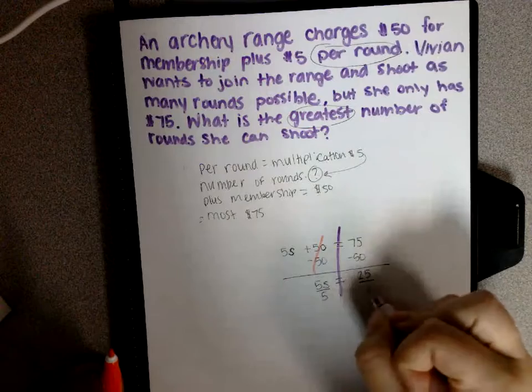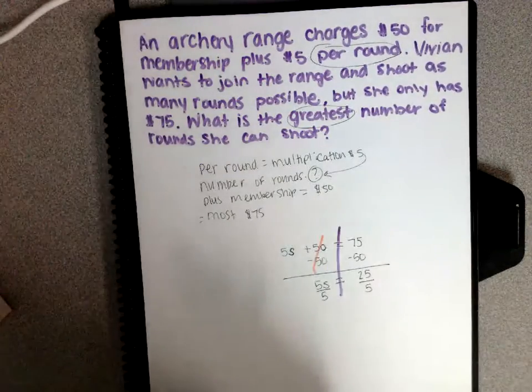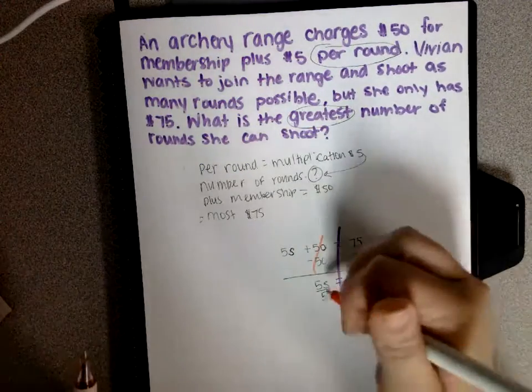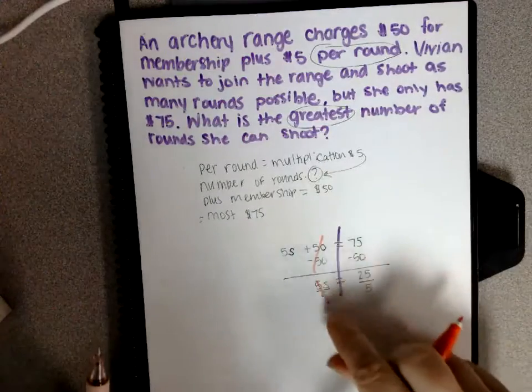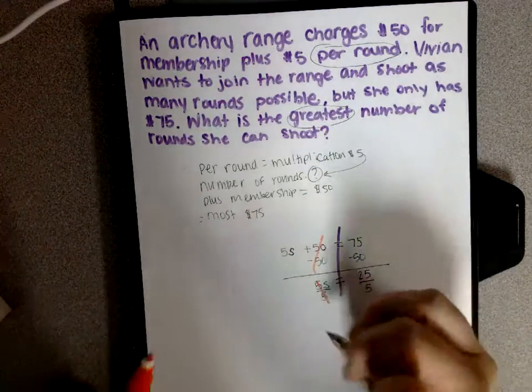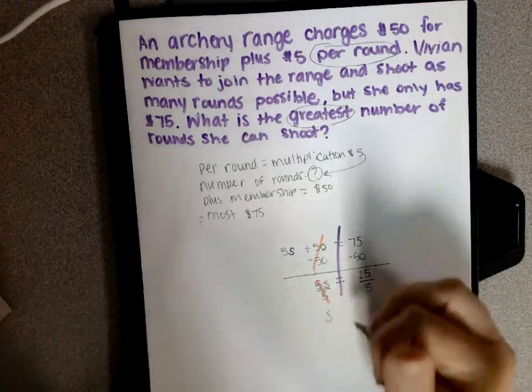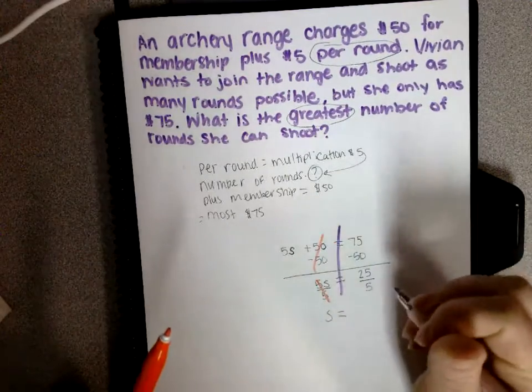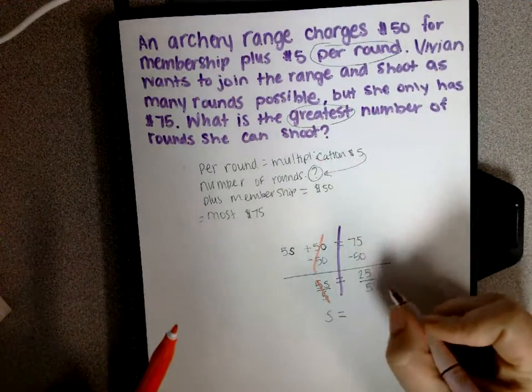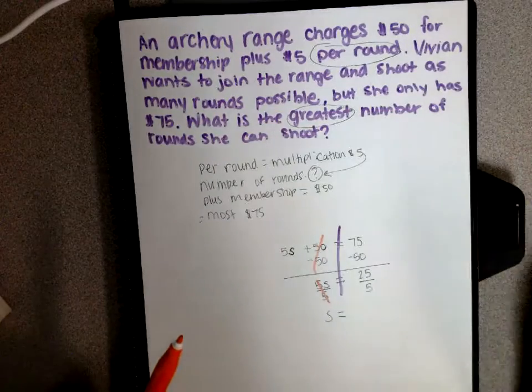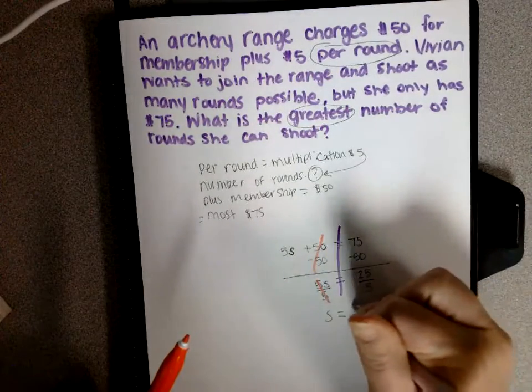I'm going to divide each side by 5. Now when I do that, that cancels out my 5s on this side and it just leaves me with S. I'll bring down my equal sign, and 25 divided by 5 is equal to 5.